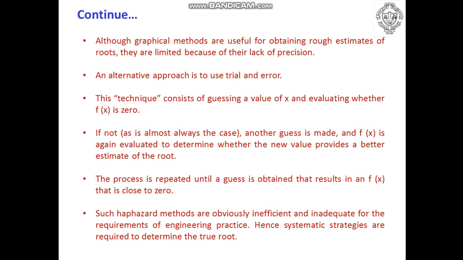This process is repeated until a guess results in a function f of x that is close to 0. But such haphazard and random methods are obviously inefficient and inadequate for the requirements of engineering practice. Hence, some systematic strategies are required to determine the true root.